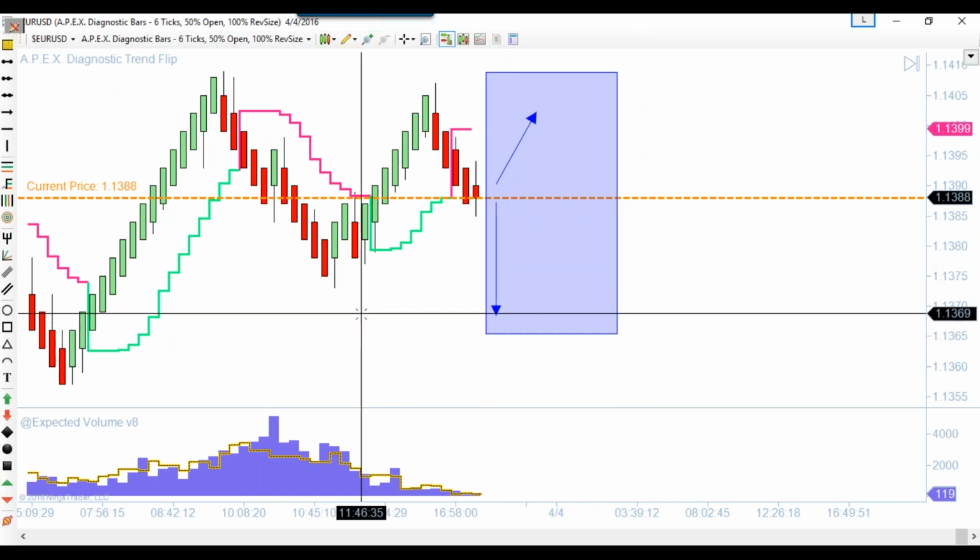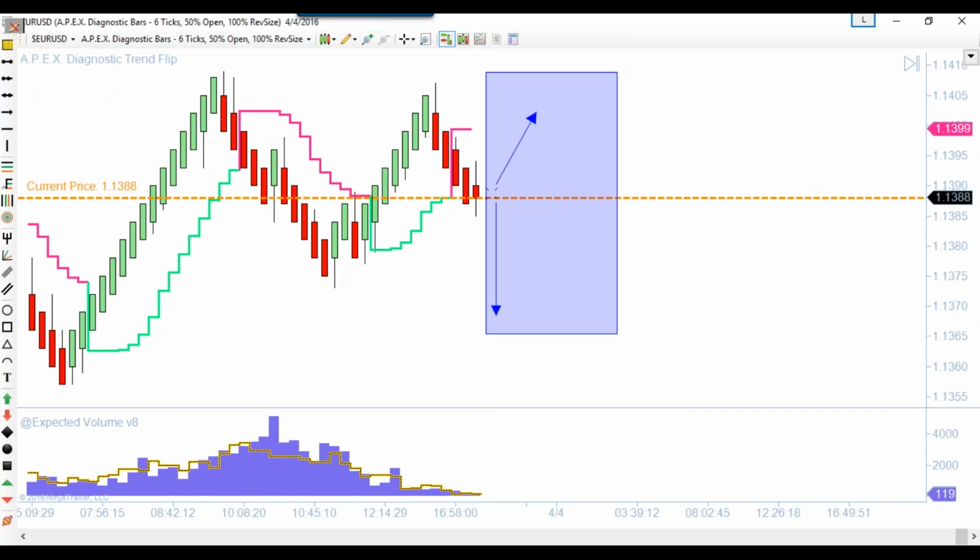Does everybody see that? So if I bought a binary for 80 bucks, what am I risking at expiration? If I buy a binary for 80 bucks, how much money am I risking? $80.